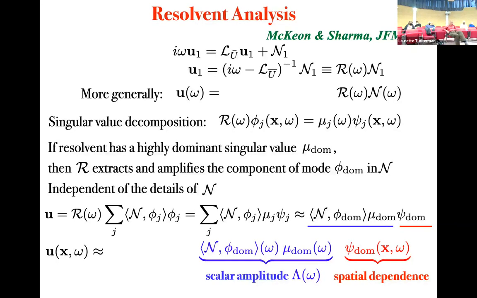It's just that this N1, the true N1 in Navier-Stokes, is U tilde dot grad U tilde minus the mean U bar dot grad U bar. It's the nonlinear interactions that don't contribute to the mean.